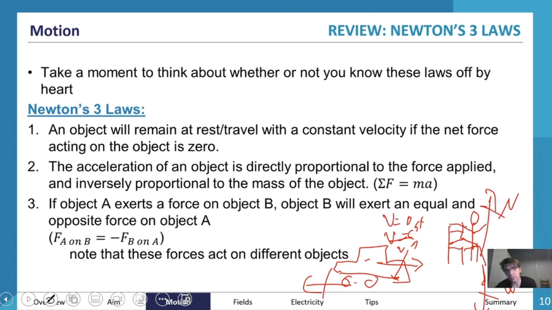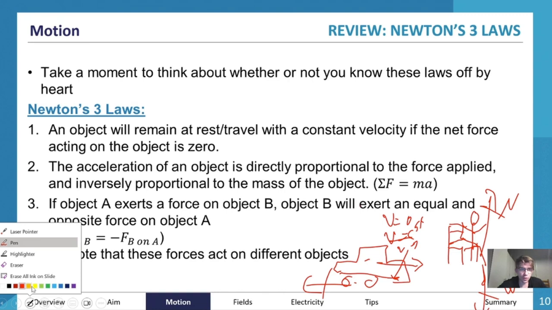Like you really need to keep pressing on the pedal for the car to reach higher and higher velocities, because you need to constantly provide more thrust force. Cool. So that is the first law.